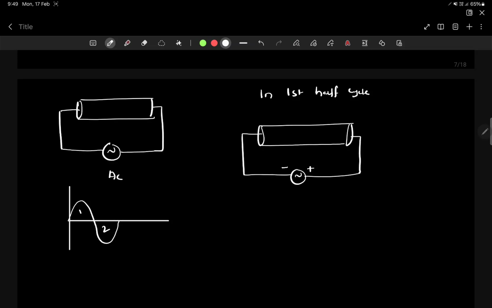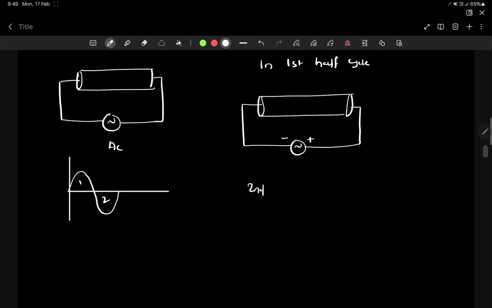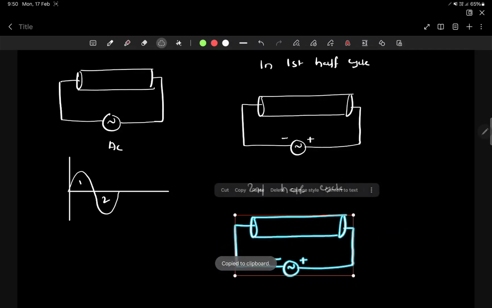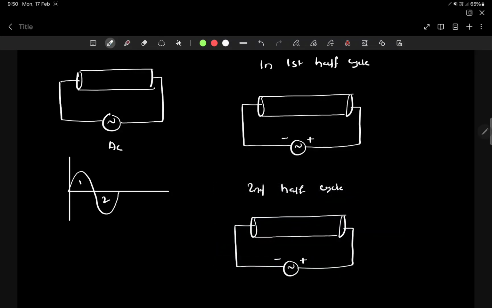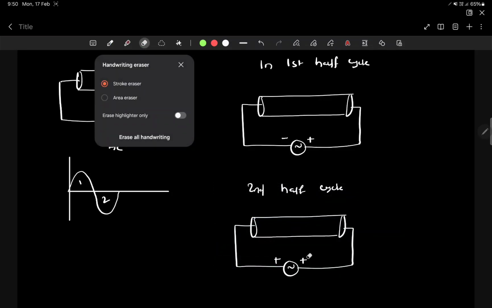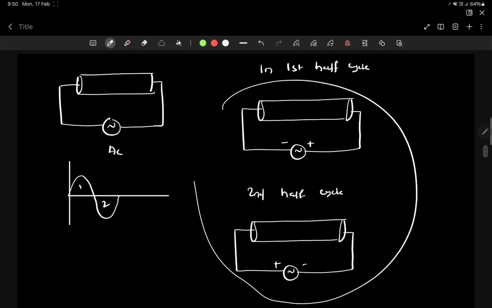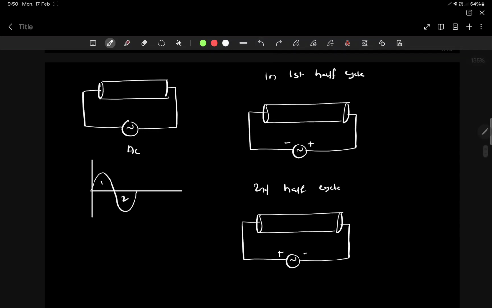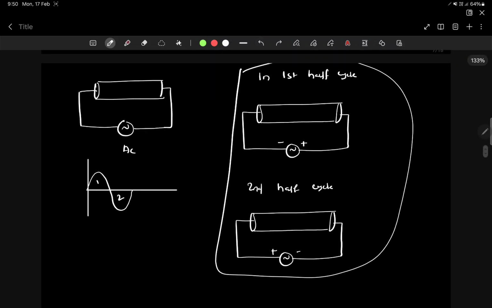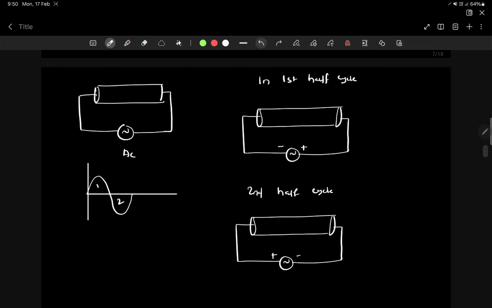And in the second half cycle, in the same figure, this part is positive and this part becomes negative. This total represents one cycle.